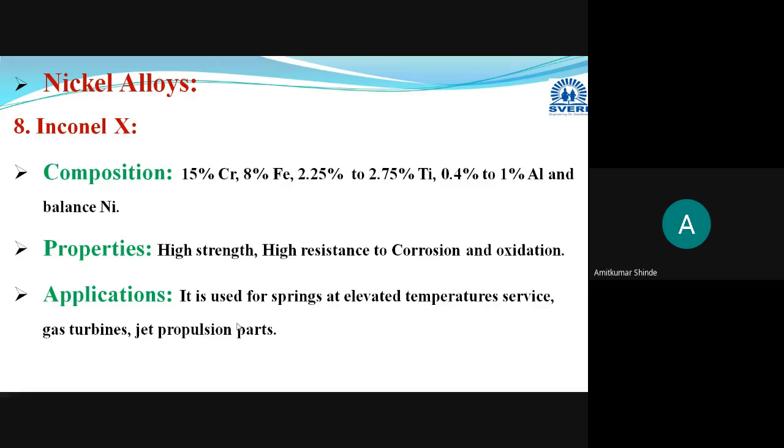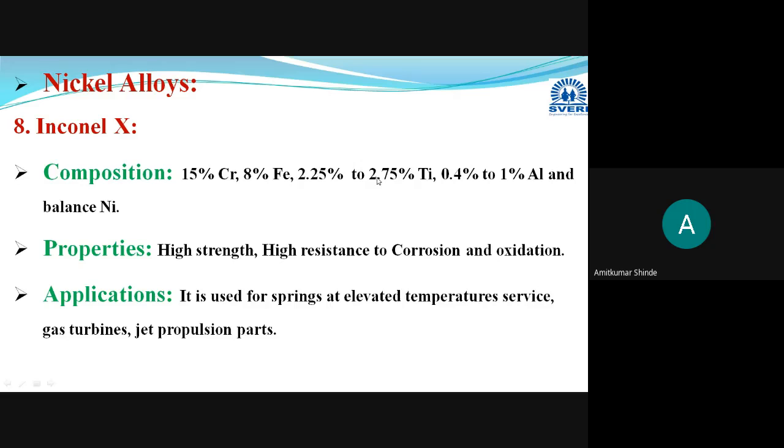All these can be manufactured with the help of Inconel X. In all these applications, higher temperatures are present, and it sustains these conditions due to the presence of titanium.